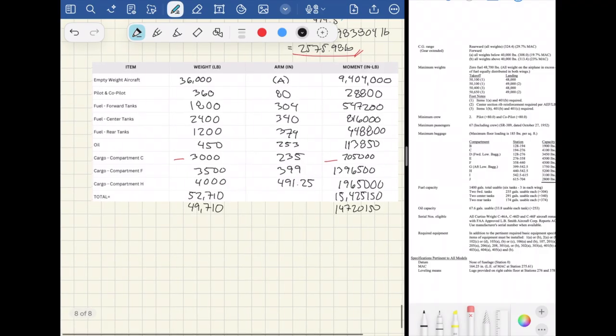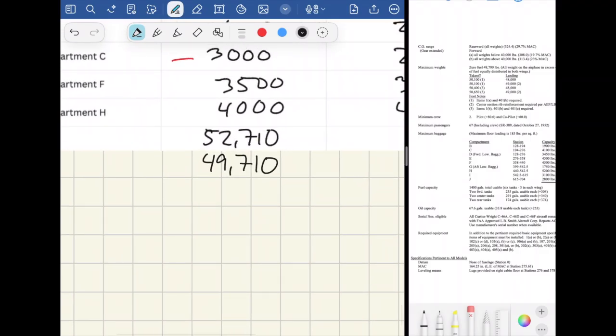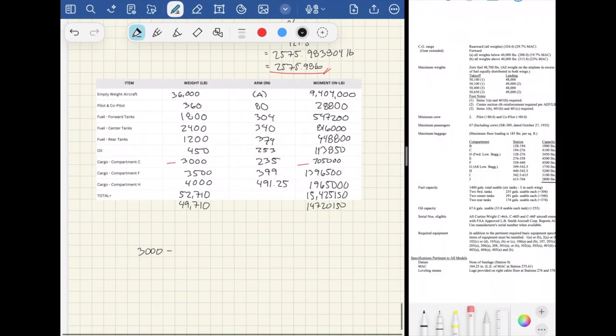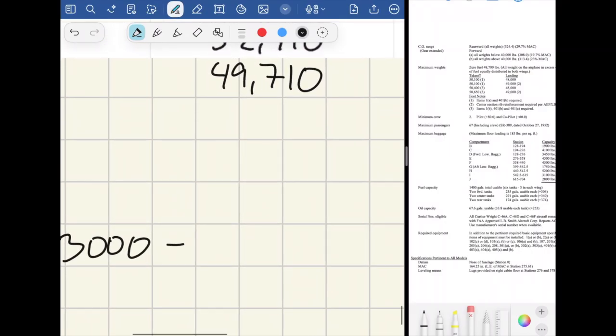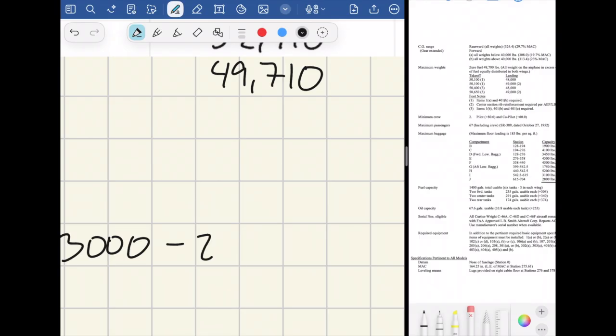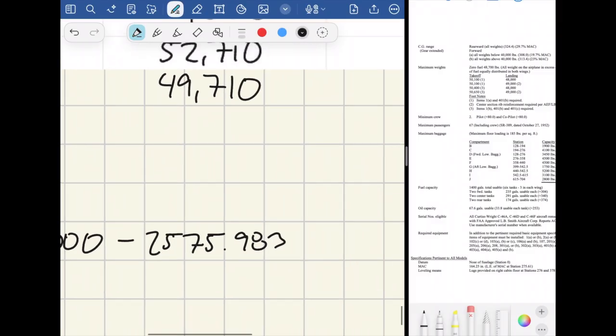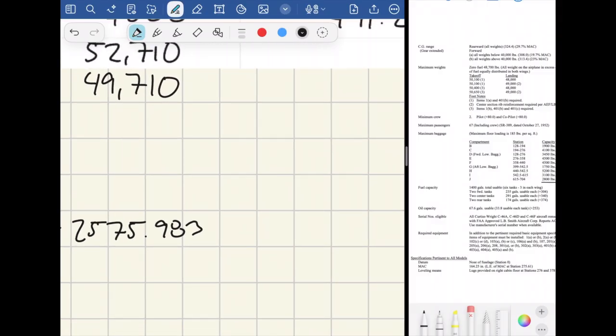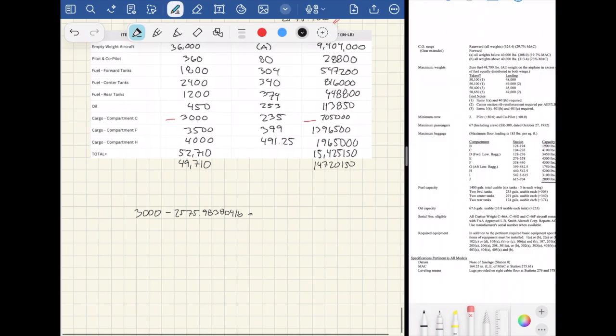Okay, from the original weight na 3,000 minus 2,575.983804 pounds.